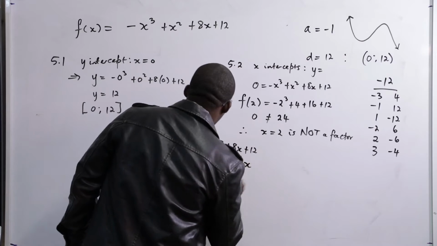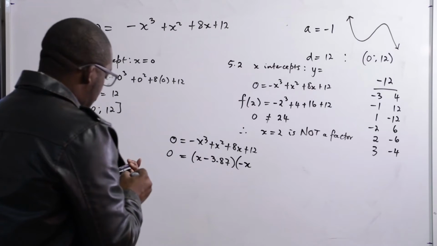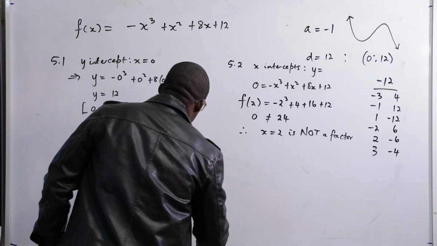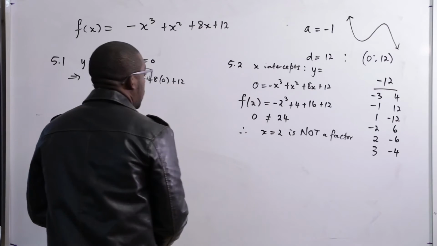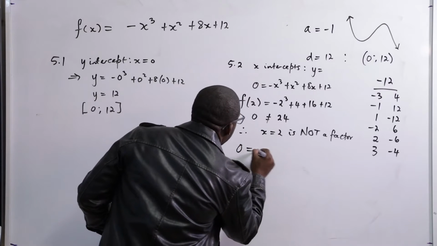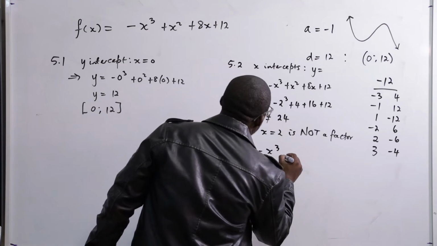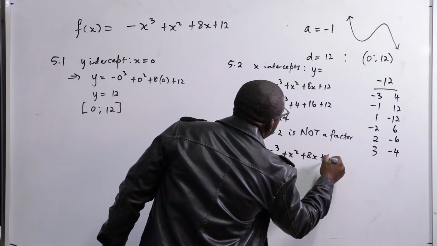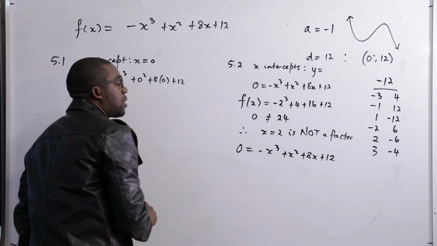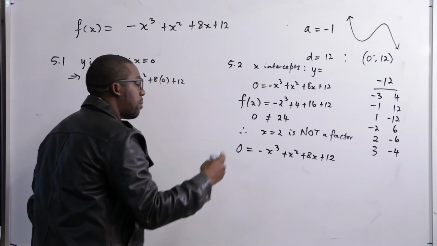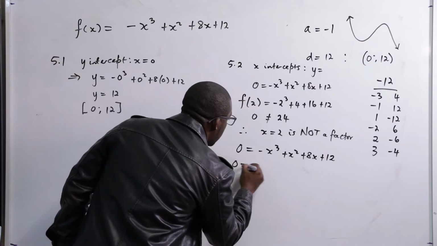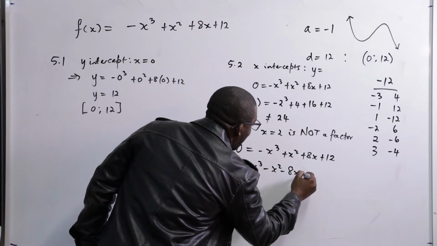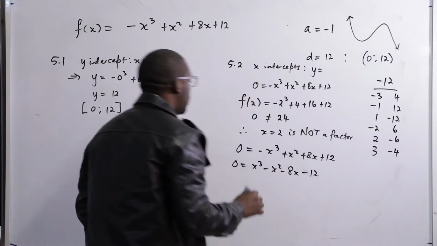Better yet, let me start by removing the negative. Divide both sides by a negative, or even multiply. You're going to get 0 is equal to x cubed minus x squared minus 8x minus 12.